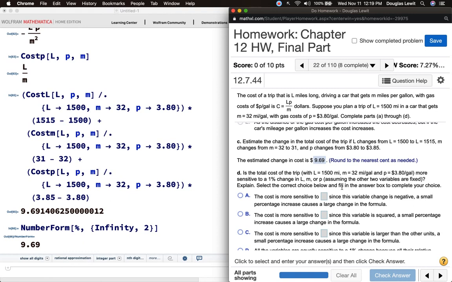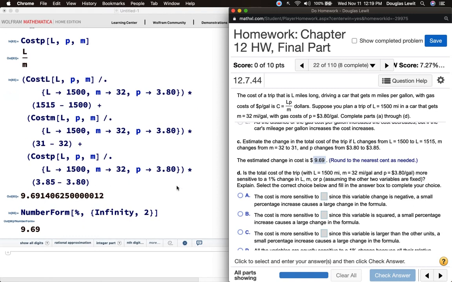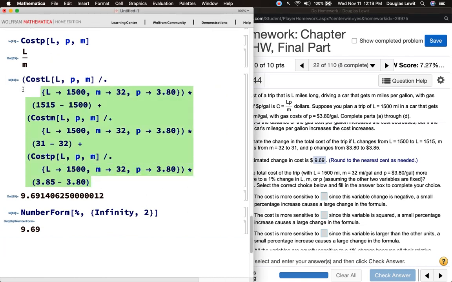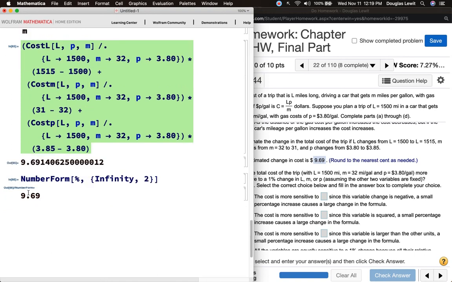Explain. Select the correct choice below and fill in the answer box to complete your choice. So for this one, guys, what I would do is copy and paste what I have over here. Command C.